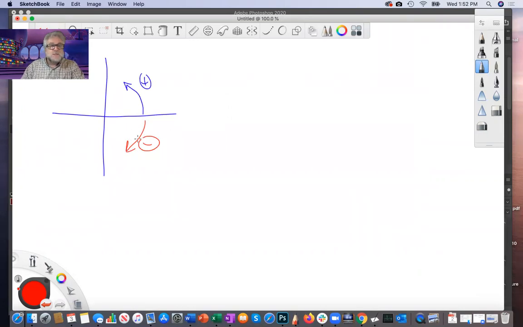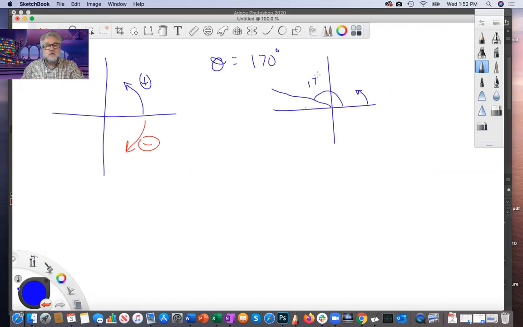If you're given theta equals 170 degrees, well, positive, so it's in this direction, 90, 180, so 170 would be here, which would make this 10 degrees, right? Because they're going to add up to 180, because this goes 0, 90, 180, 270, 360.